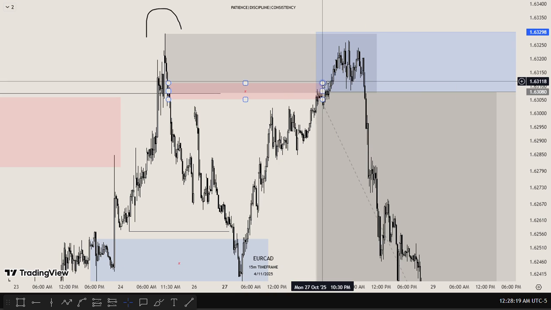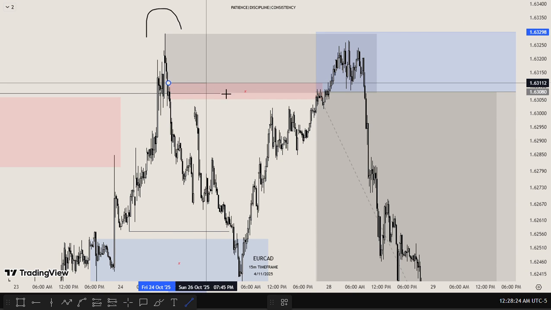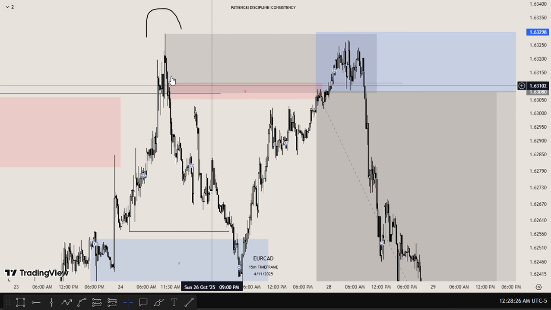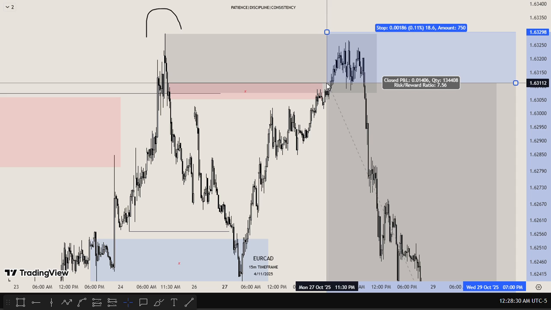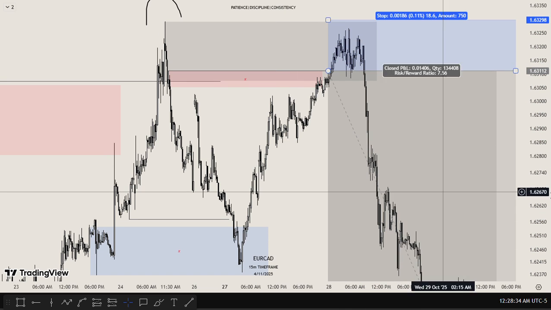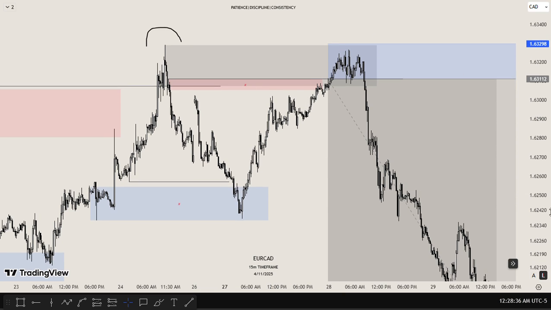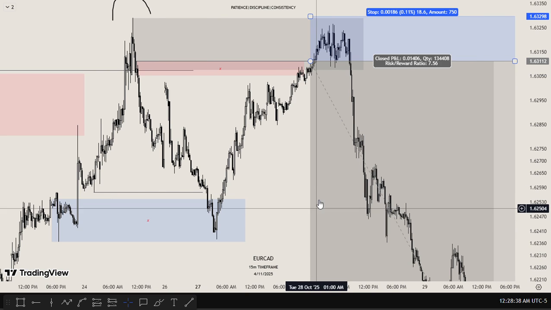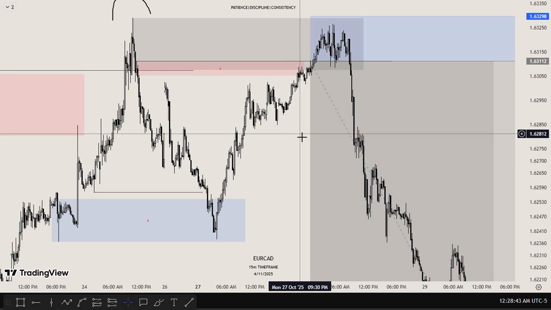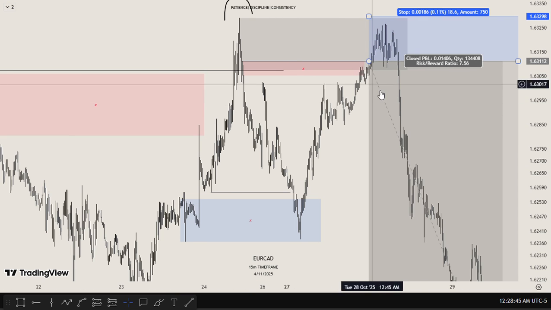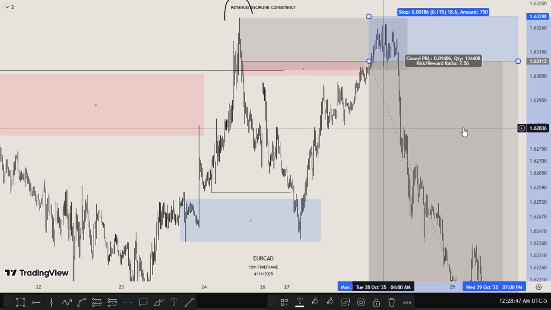So we enter above their stop losses. From this level up there is where we could involve ourselves, if you want a higher risk to reward. So this is a 1:7.